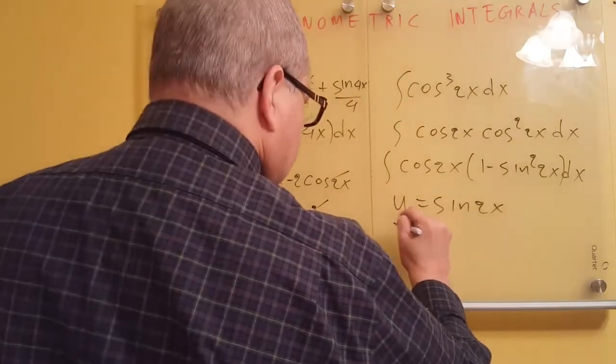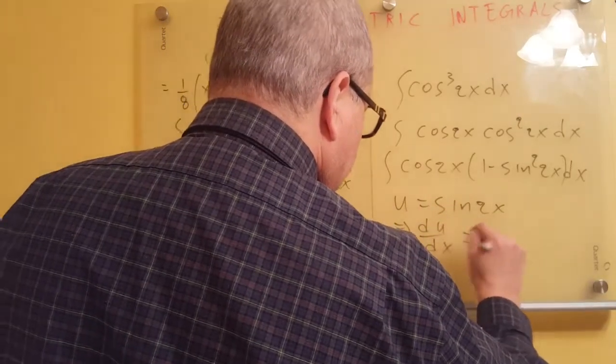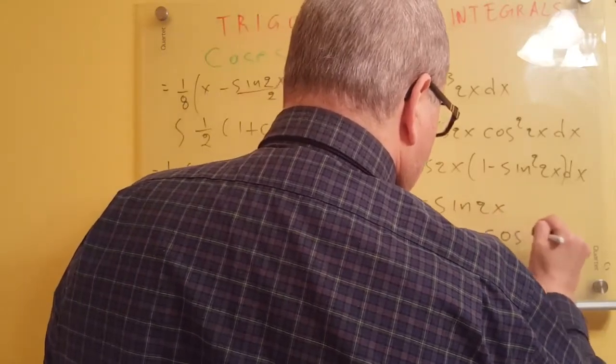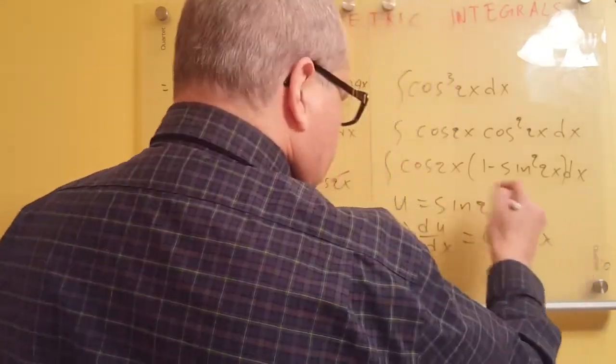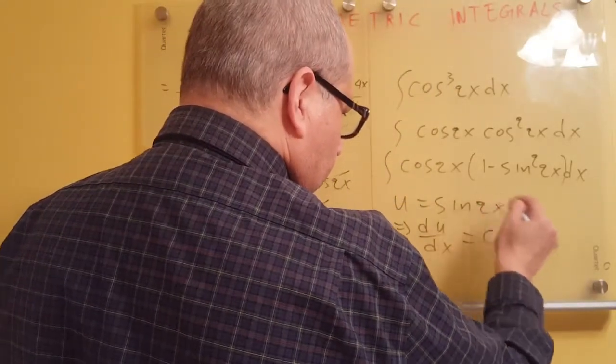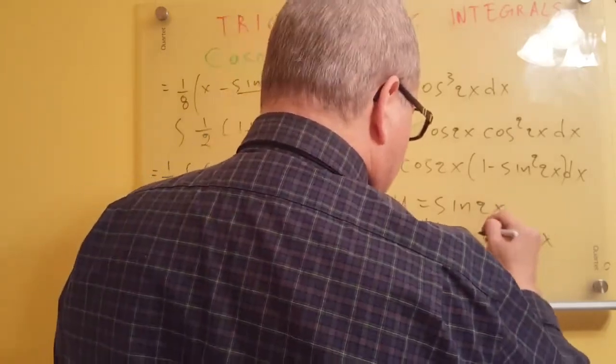So from this here, if I take the derivative of this with respect to x, what I have is that this here is equal with cos of 2x, and because I have to use the chain rule, times the derivative of what you have inside, which is the derivative of 2x, which is 2.